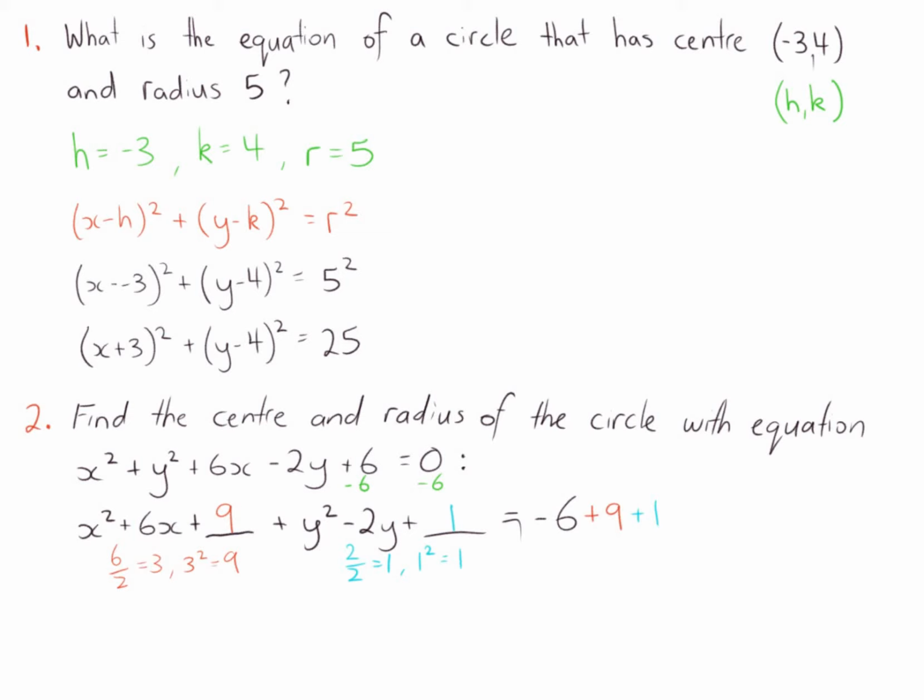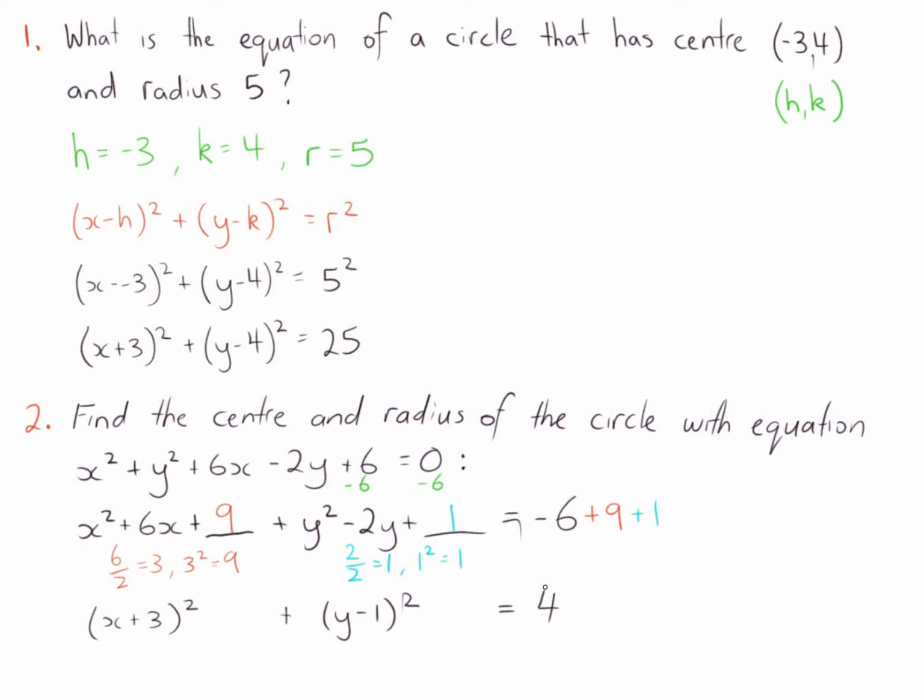The reason we have done this is to create some perfect squares. x squared plus 6x plus 9 is equal to (x plus 3) all squared. y squared minus 2y plus 1 is equal to (y minus 1) all squared. And on the right hand side, we can tidy up and get +4.